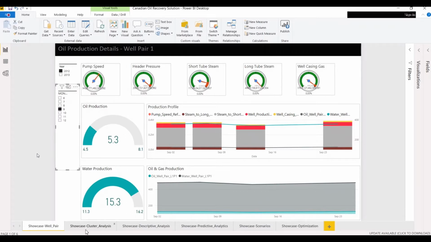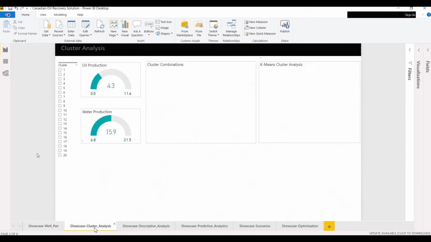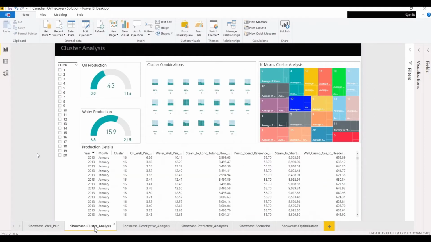Additional analysis can be done using cluster analysis. Cluster analysis shows you the optimal amount of oil and water produced in these particular wells over time.